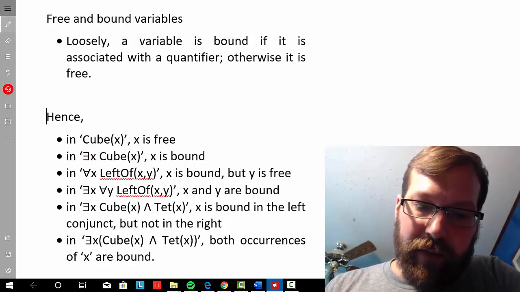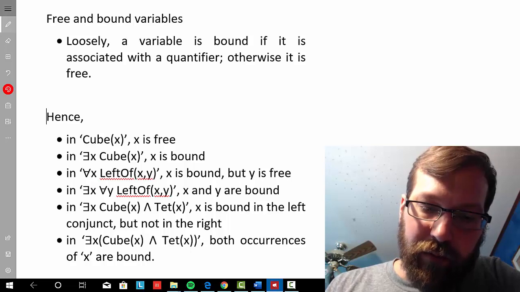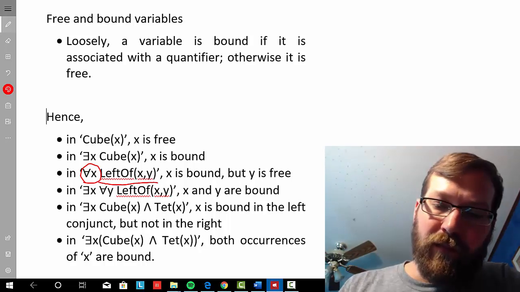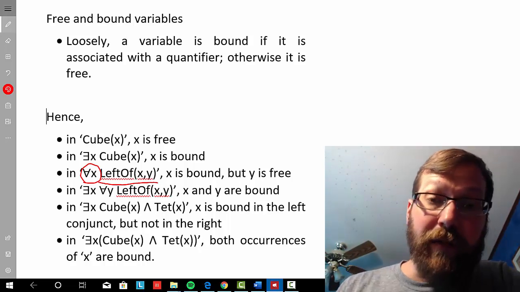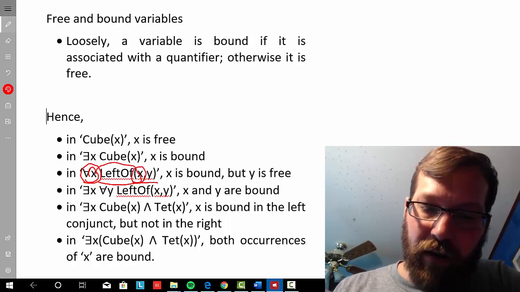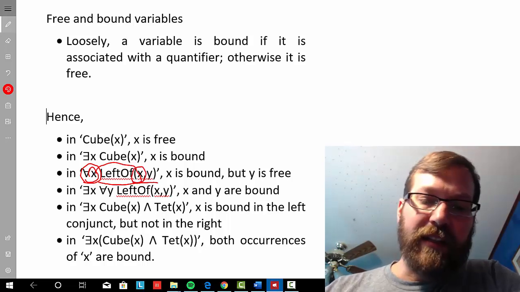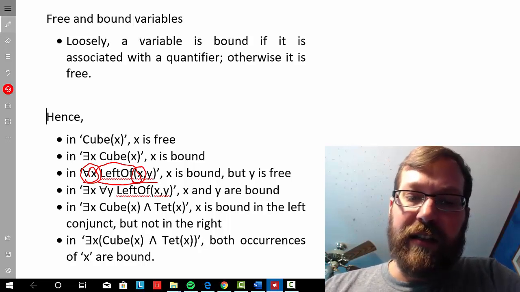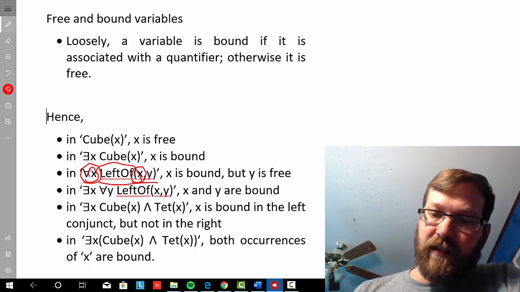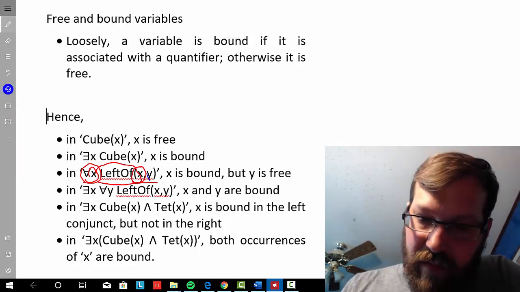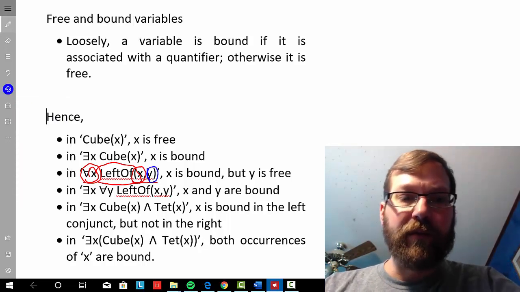Okay, if we have a couple of variables within the scope of a quantifier, as we do in this case, different types of variables, this one will be bound. But since we don't have a for all y or a there exists a y, that variable ends up being unbound or free.